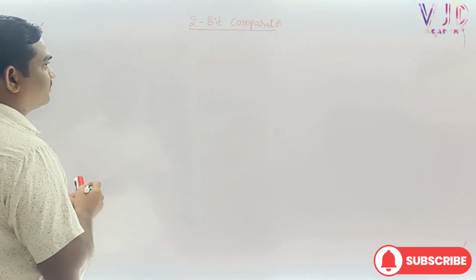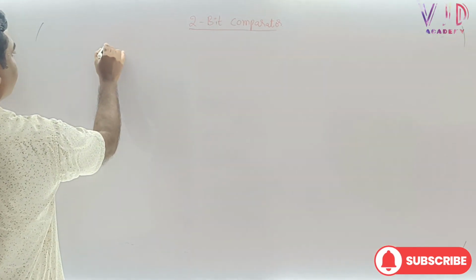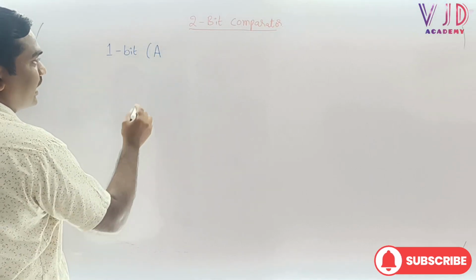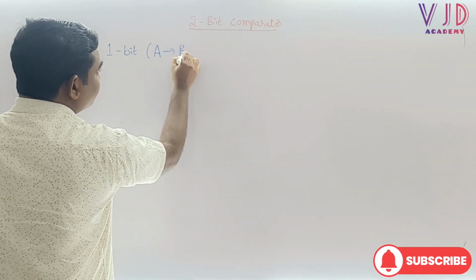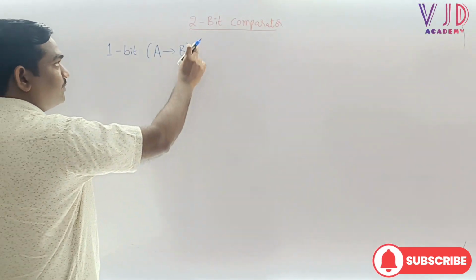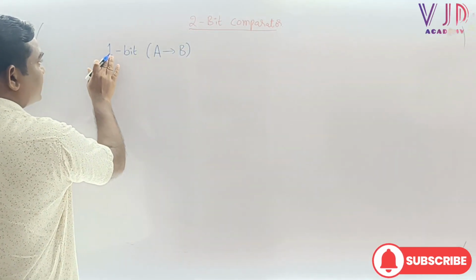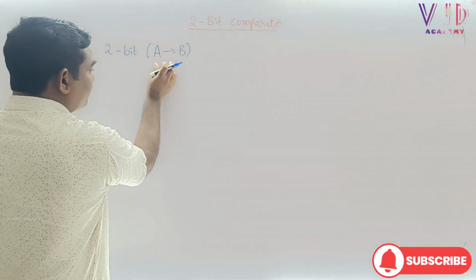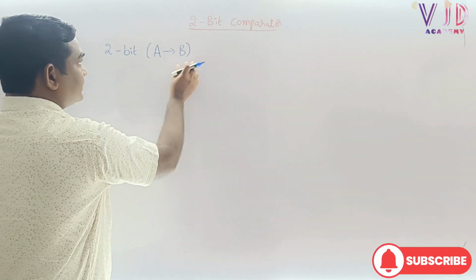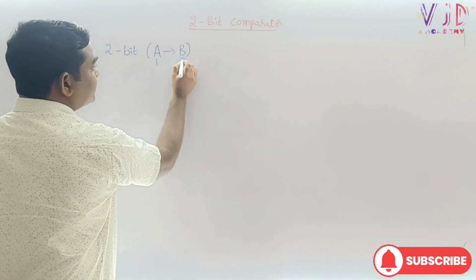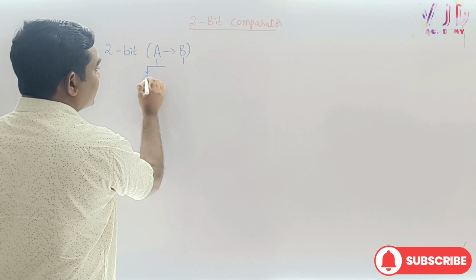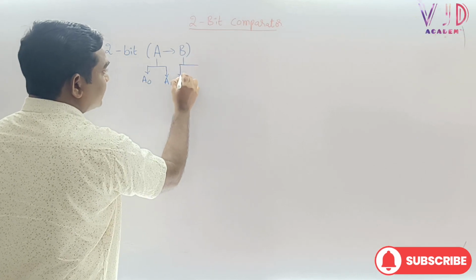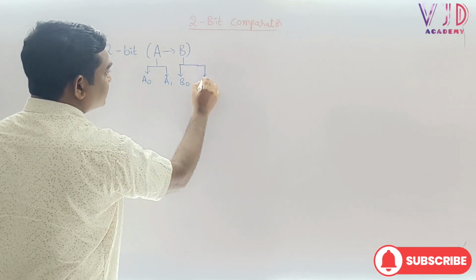Let me explain what is 1-bit comparator. 1-bit comparator means there must be 1 bit which is A, and this bit A is comparing with another bit B. And now coming to 2-bit comparator, here the comparison is between A and B only, but there are 2 bits in A and 2 bits in B. I can call them A0 and A1, and here B0 and B1.